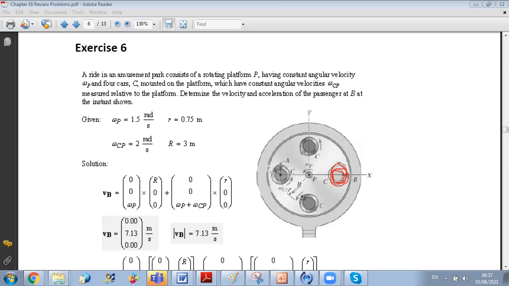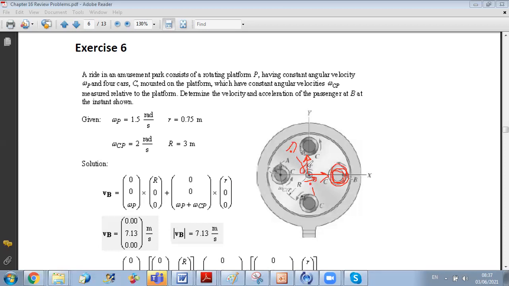First, you have the main rigid body, which is plate P. Plate P is rotating. So what you can do, you can take small i, small j fixed to the big plate. So small i, small j will represent the frame that will rotate with the plate.